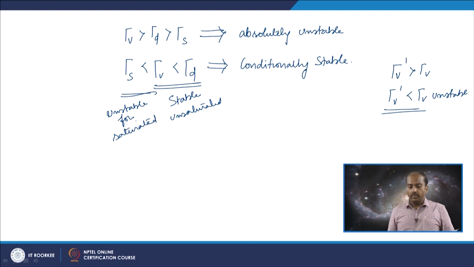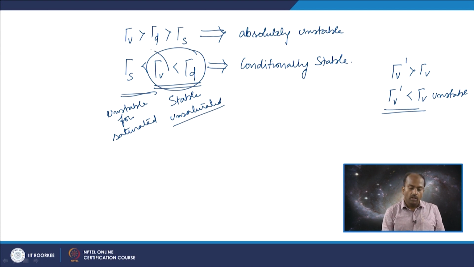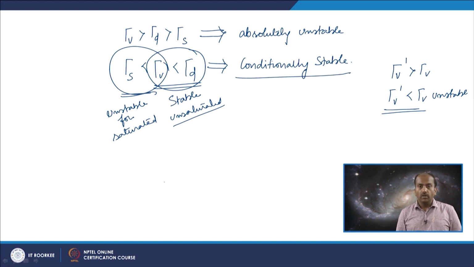So, the same condition is written in two different ways. If this is satisfied, then it is stable for an unsaturated parcel, and this part is unstable for a saturated parcel. So, this is called the conditionally stable criteria.